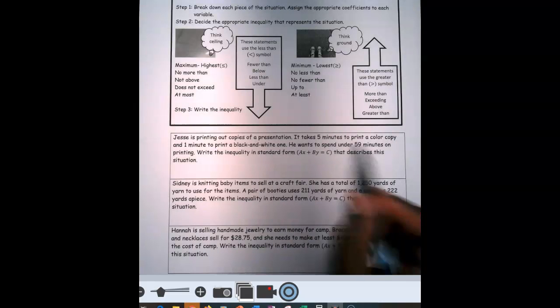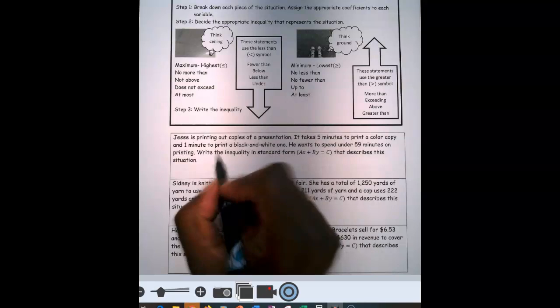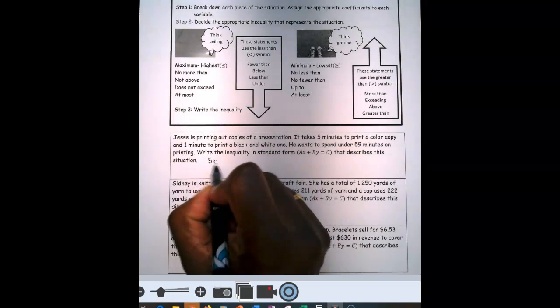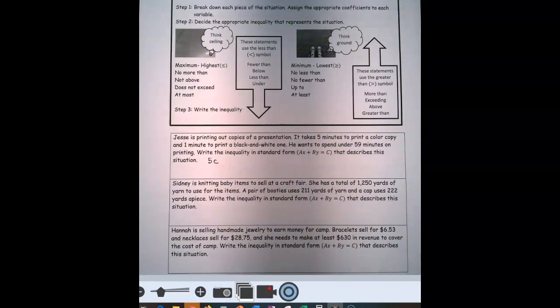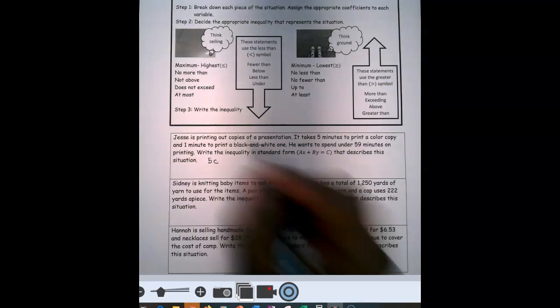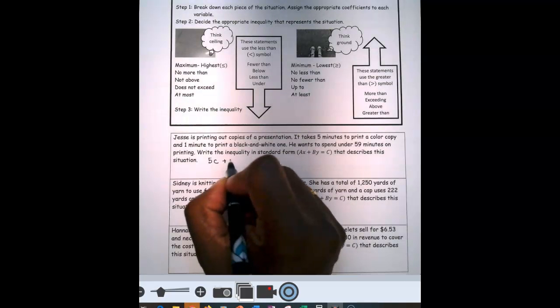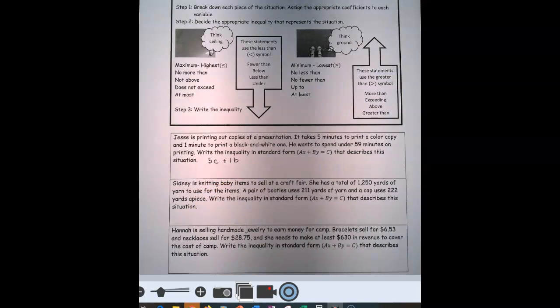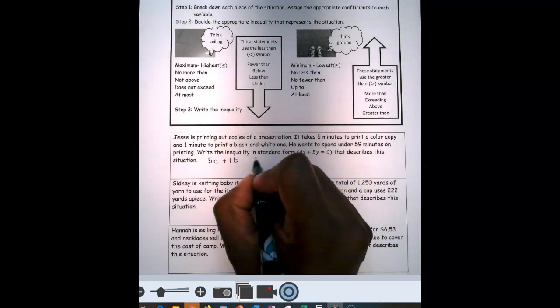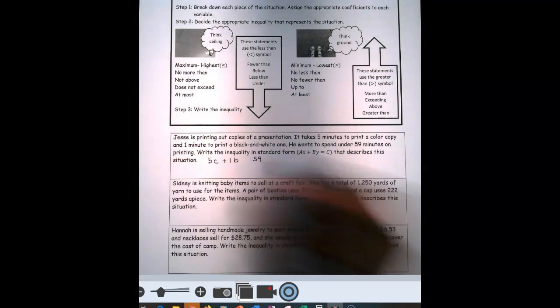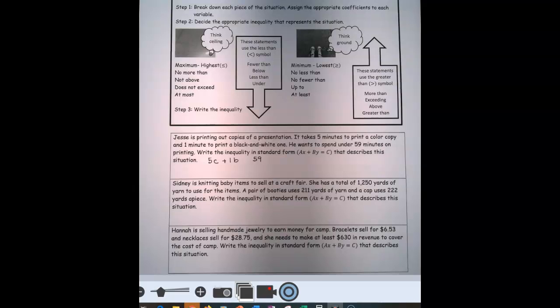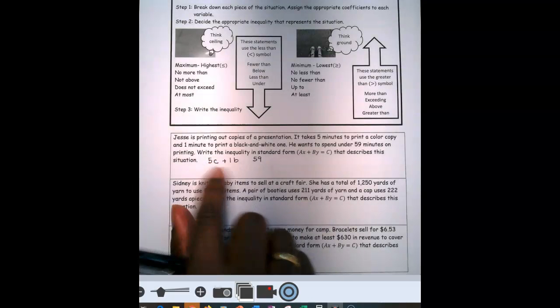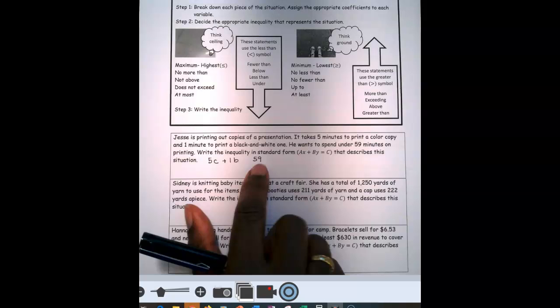Remember, ax plus by equals c. And we're using that to describe the situation. So if he wants to make 5 colored copies, we can put that as 5c. And he's also going to make black and white copies, and it's 1 minute to print black and white copies. But he wants to do that in under 59 minutes. That means this portion has to be less than this.